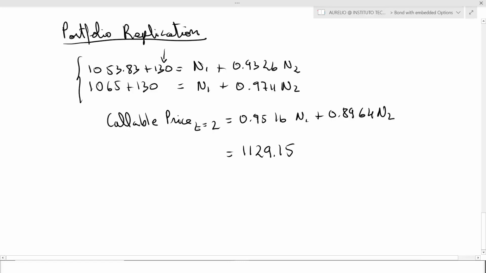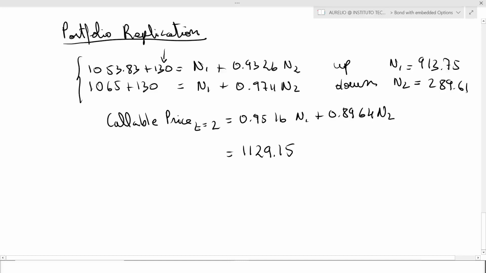So you need to include those two coupons of 130, and then you're going to replicate with that 1-year bond in that node and the 2-year bond in that node. So this would be the replication for the up and this one for the down scenario. And then we're going to solve for N1 and N2. We're going to find that N1 is equal to 913.75 and N2 is 289.61.